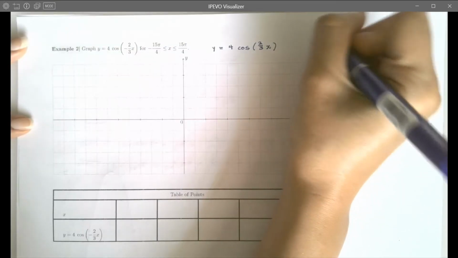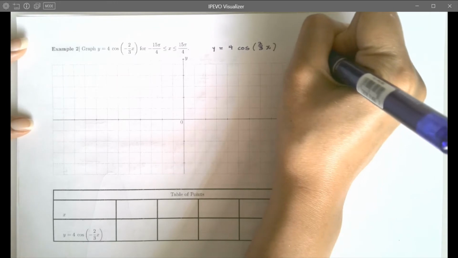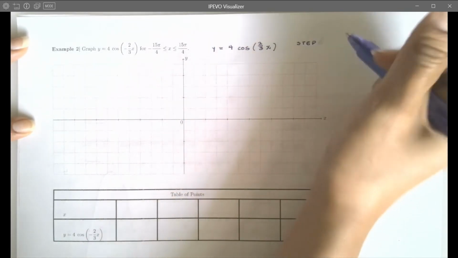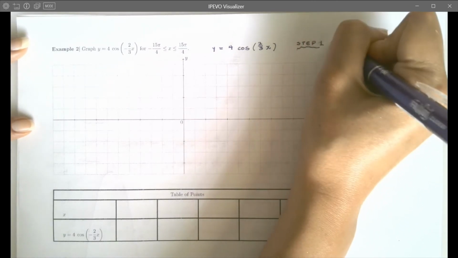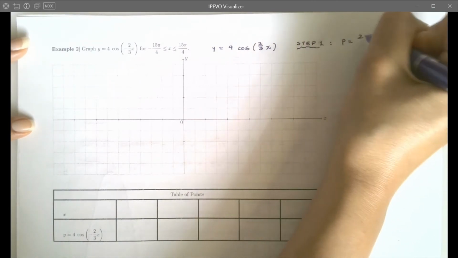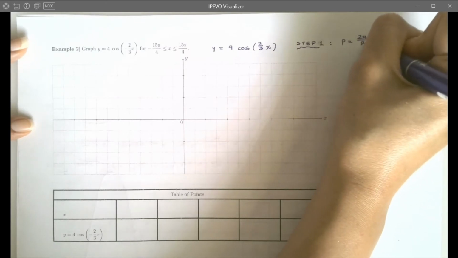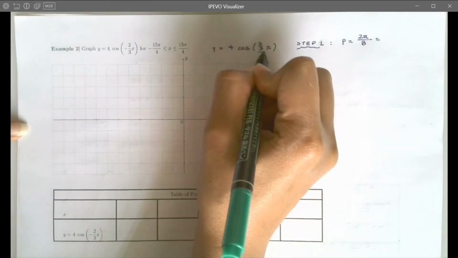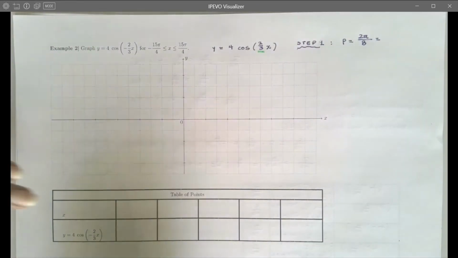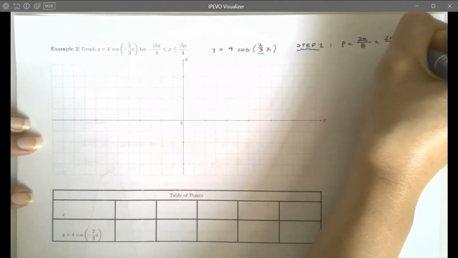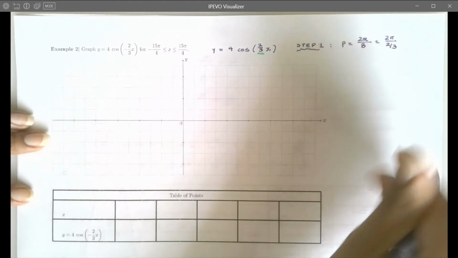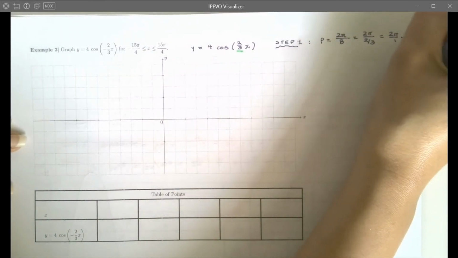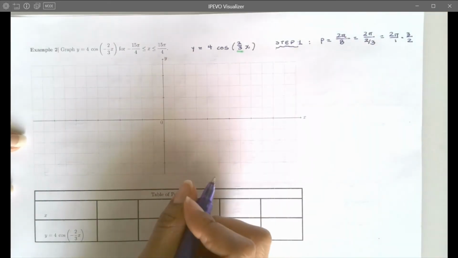Alright, so if we go through that series of steps that we were looking at for the previous example, the first step is to find the period. And the period is 2 pi divided by b, where b again is the number of cycles, or on the equation, it's going to be the coefficient of x. So we're going to get a 2 pi over 2/3, which is the same thing as 2 pi over 1 times 3 over 2, multiplying by the reciprocal.